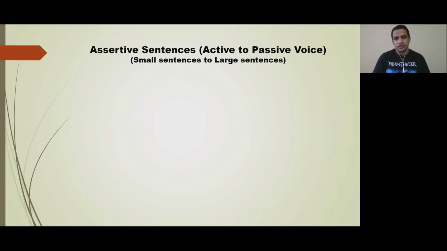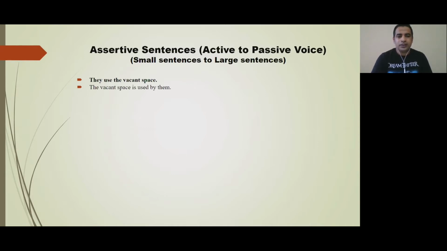But my technique is a little bit different, my dear student. Think about how we can change from active voice to passive voice, from small sentences to large sentences. Let's start. "They use the vacant space." My dear student, "they" is the subject, "use" is the verb, and "the vacant space" is the object.